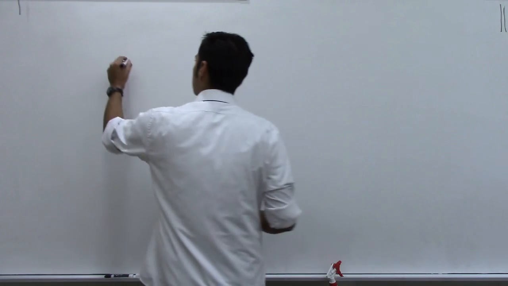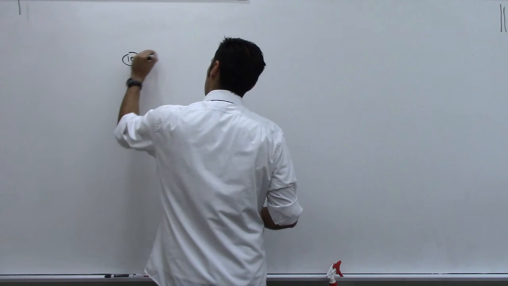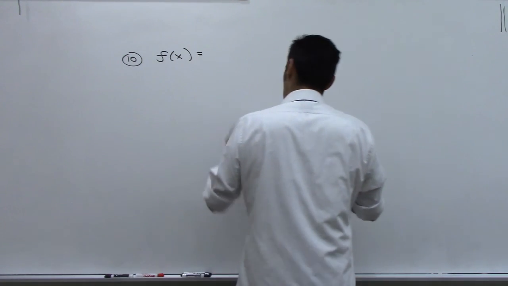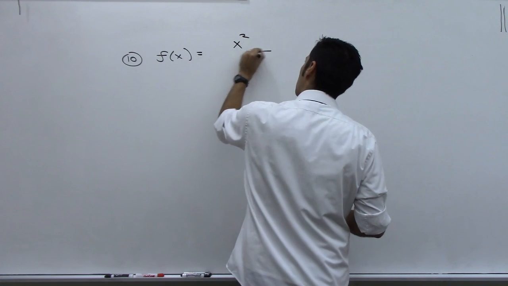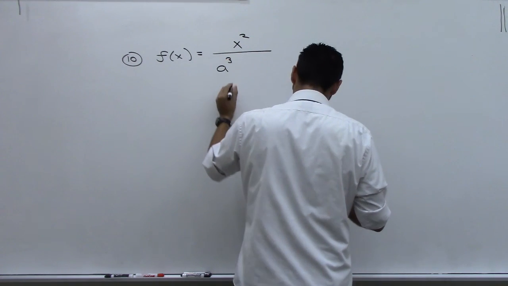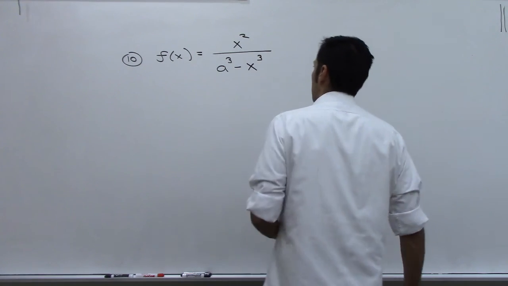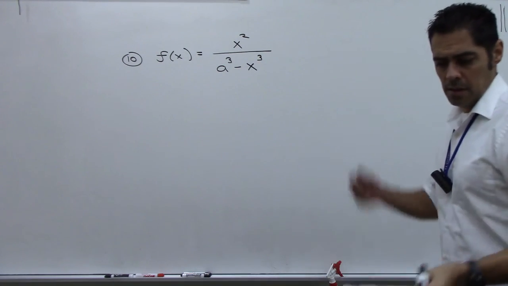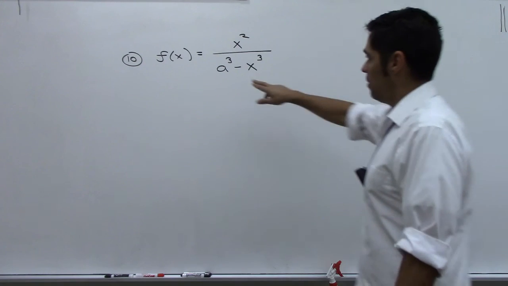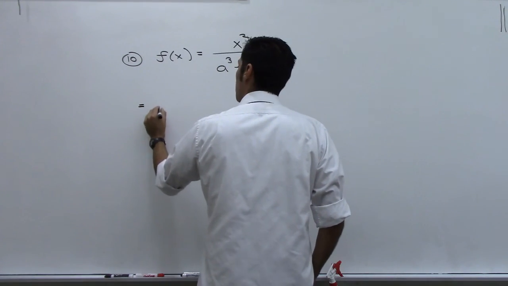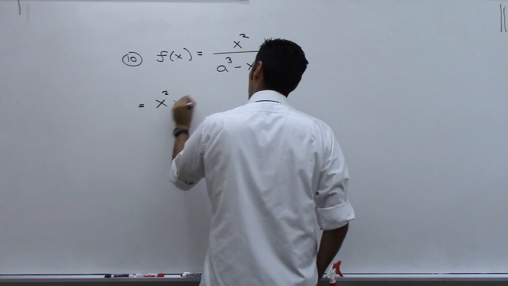f of x equals x squared over a cubed minus x cubed. So a here is a constant, right? This is some fixed number. So what I'll do first is I'll pull the x squared out.